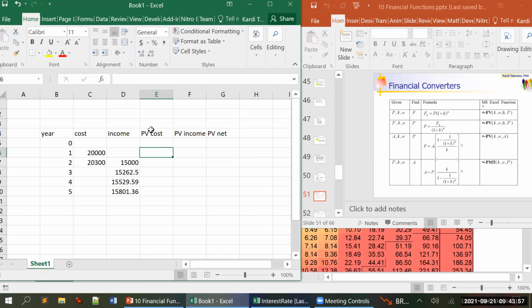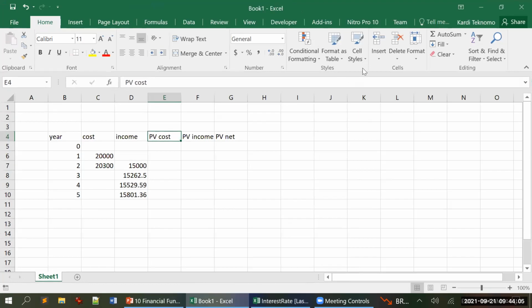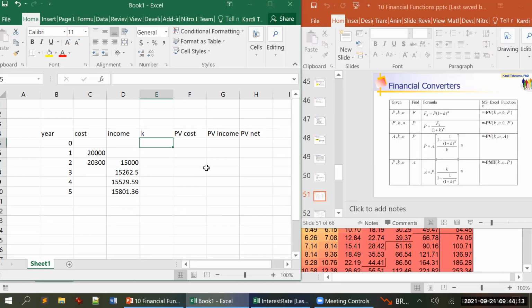Let me put the K here. Insert column. So the K is changing. How much is the K here? 1.5.